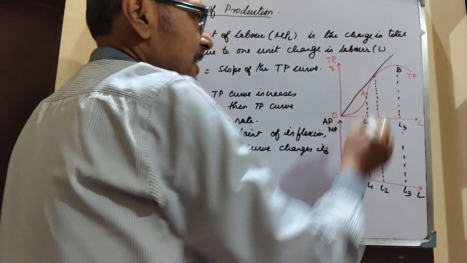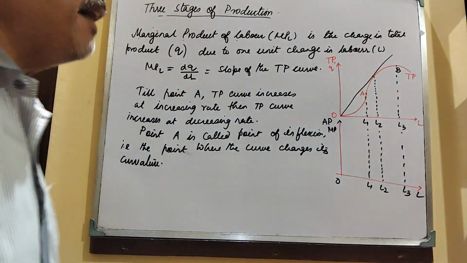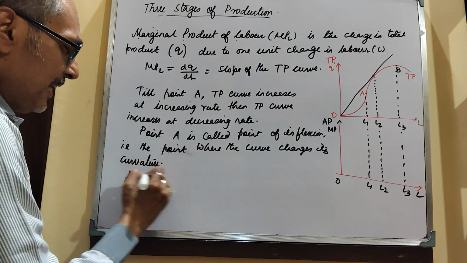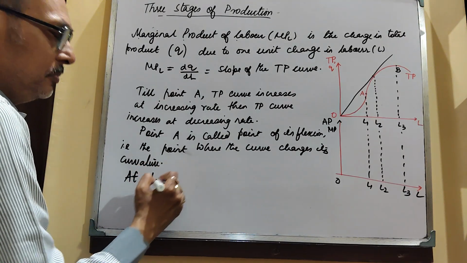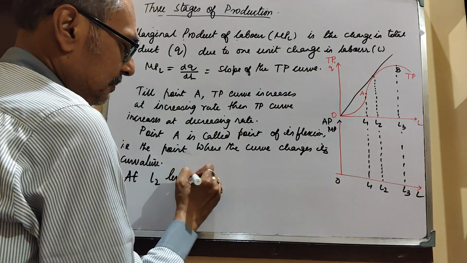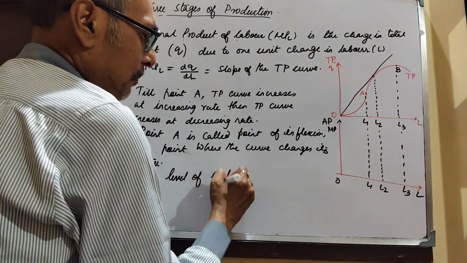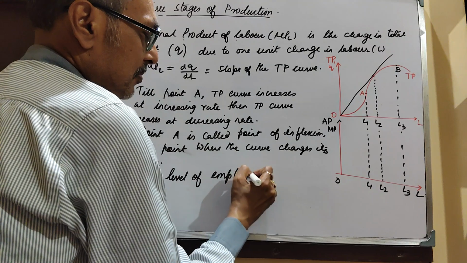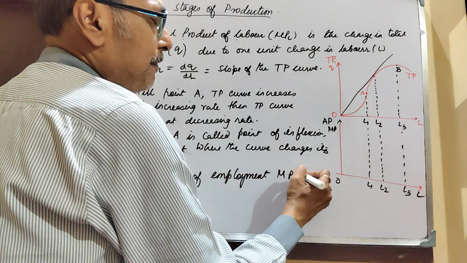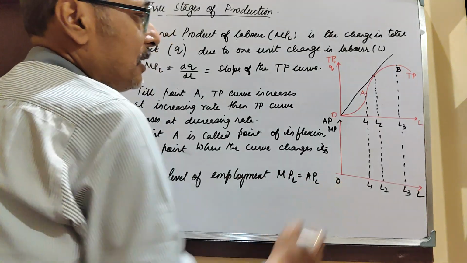At this point the slope is equal to the average product. At L2 level of employment, MP, marginal product of labor, equals average product of labor.